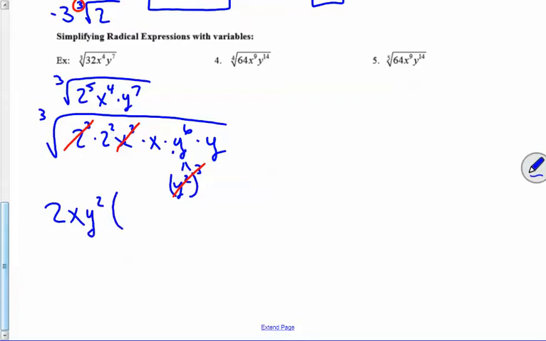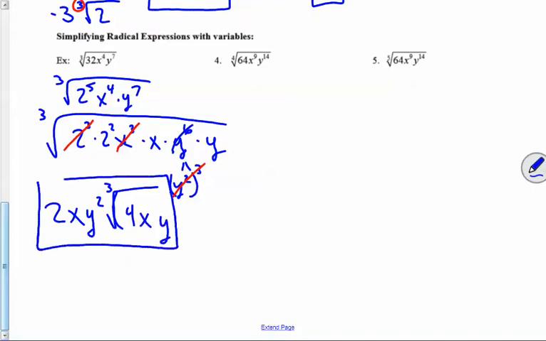And that leaves me with 2 squared, which is 4, x, y. Okay, again, breaking it down into its prime factorization is kind of what you're doing here. Breaking it down into numbers that I can take the third root of.